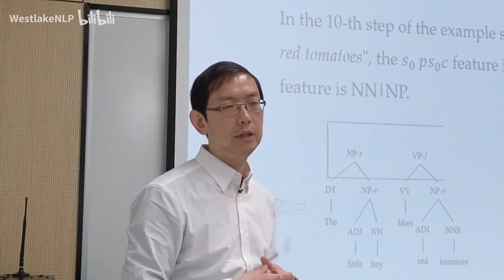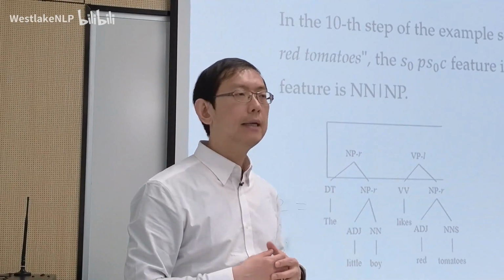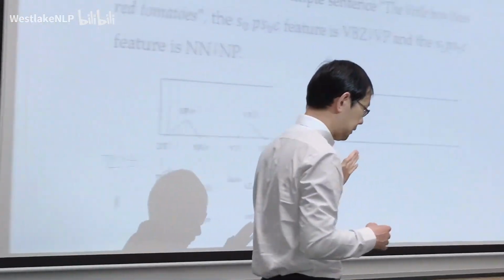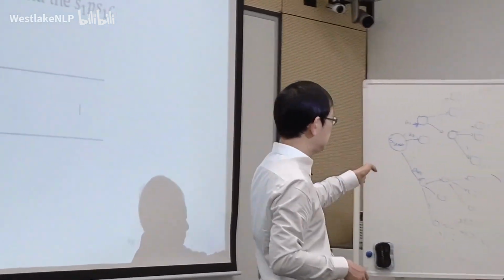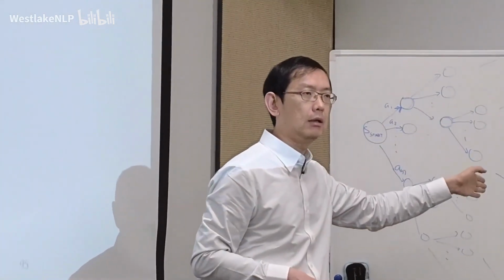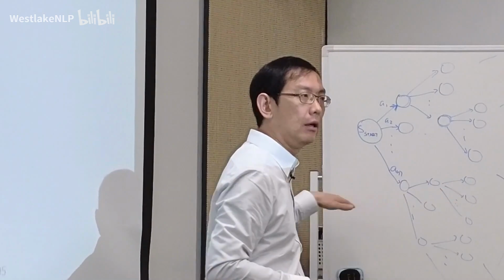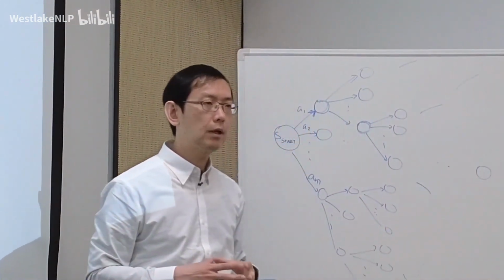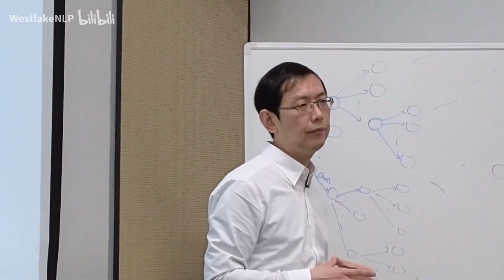This is one advantage. The second advantage is, if you think about the beam search decoding process, the number of steps you take is almost linear to the number of input words, right? As a result, beam search has a very low runtime complexity compared to CKY in the last week.